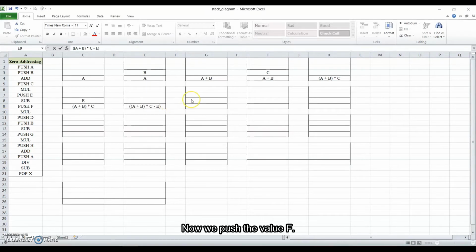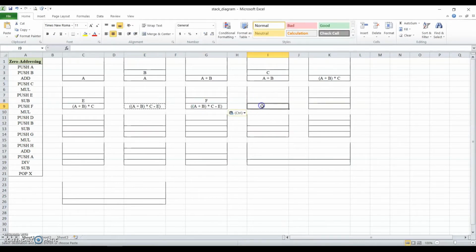Now we push value F and then we multiply it.